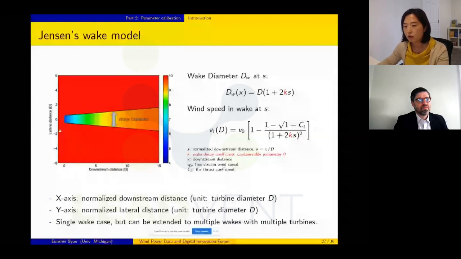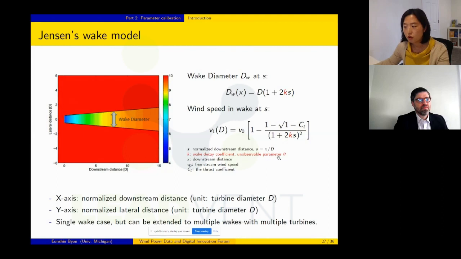We have this free flow wind, and depending on the distance, Jensen's model estimates the wind speed at the downstream turbine when the distance is d, which can be expressed as this. There is this parameter k in Jensen's model, which is called the wake decay coefficient. Here the CT is the thrust coefficient, and manufacturers usually provide CT. But k is not observable, so there is no exact k value.